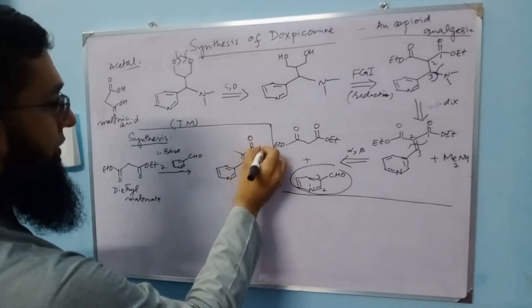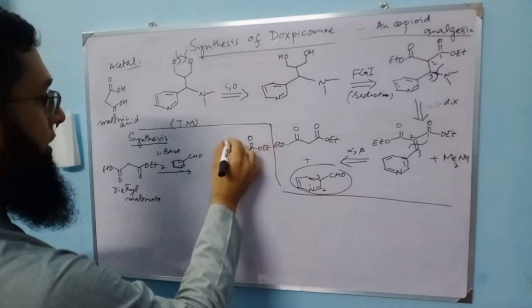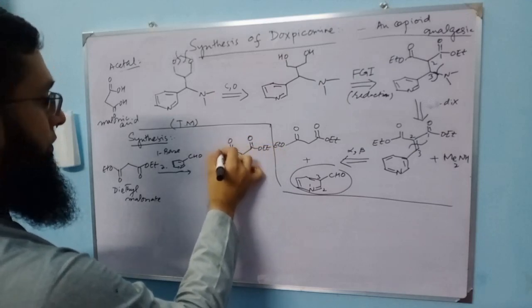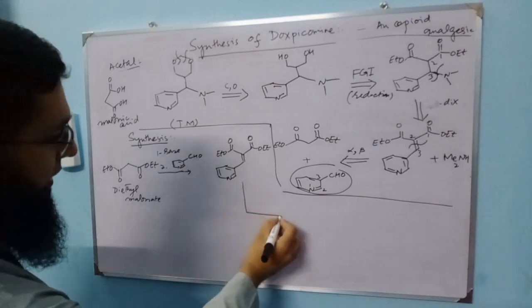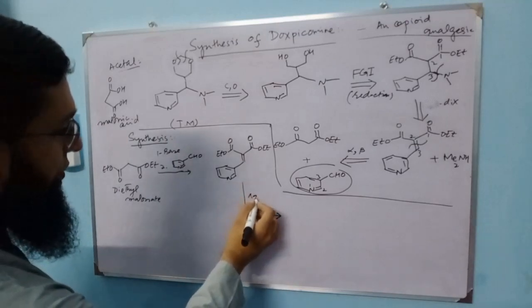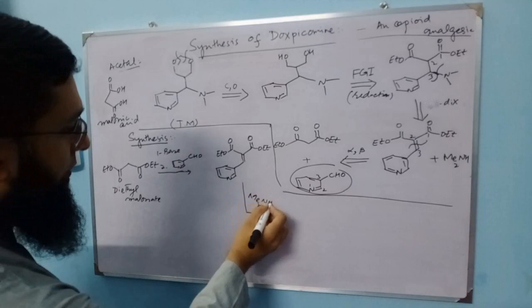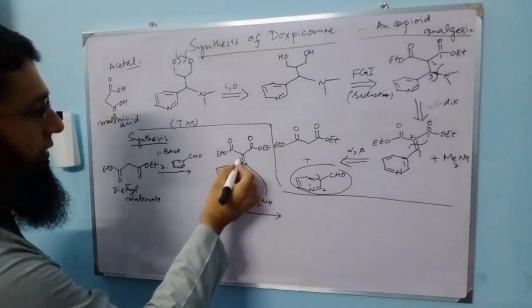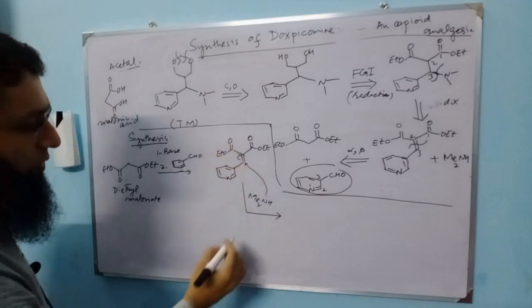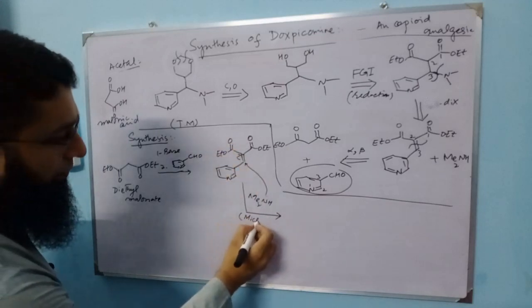we will get this alpha beta carbonyl, and this will then react with dimethylamine, which would attack here, and this process is Michael addition.